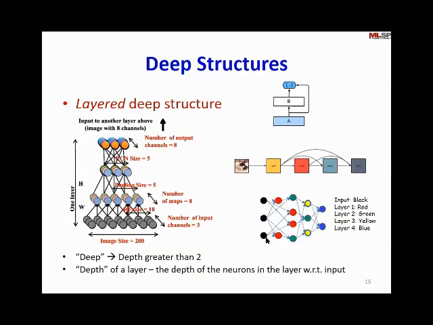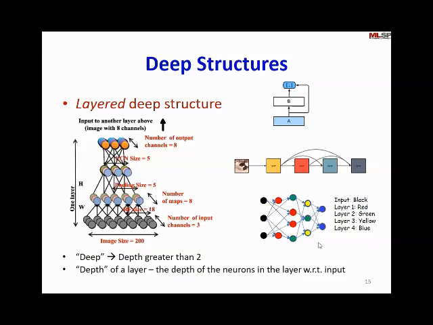The set of neurons which are all at a depth of 2 are these green neurons. So these green neurons actually form the second layer. Visually, this green neuron doesn't look like the second layer. It looks like the third layer, right? But this is actually part of the second layer. The only neurons which are part of the third layer are these 2 yellow neurons, because they are at a depth of 3 with respect to the input. And the blue neurons are at a depth of 4. So you get the idea of depth.